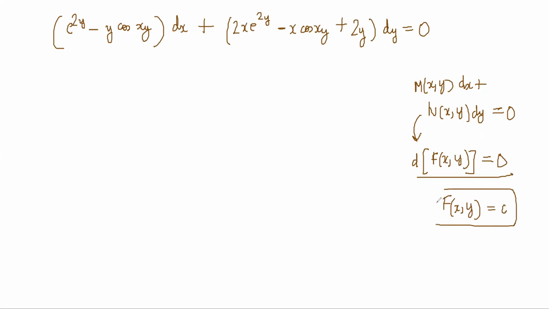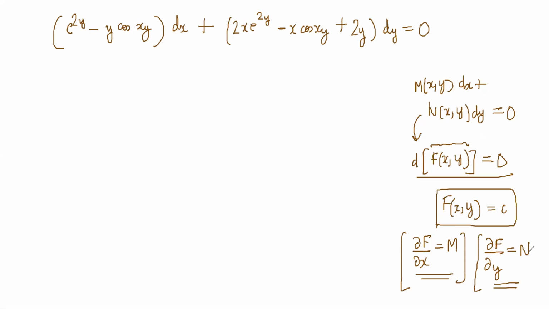So I am going to try to get my F function whose total differential is this. That means dou F by dou x is equal to M, and dou F by dou y is equal to N. These are the relations that we already know.